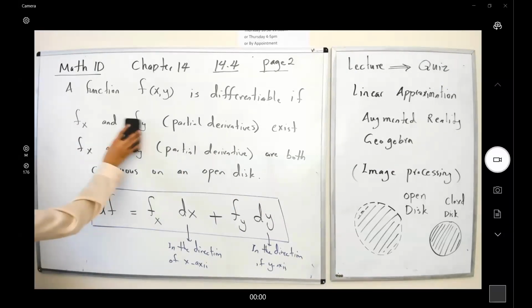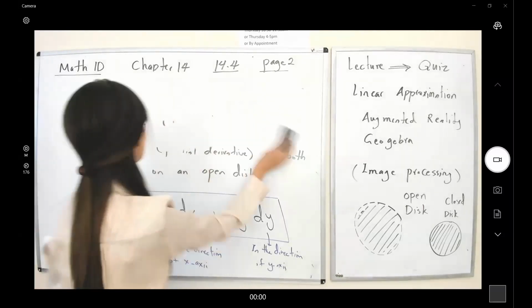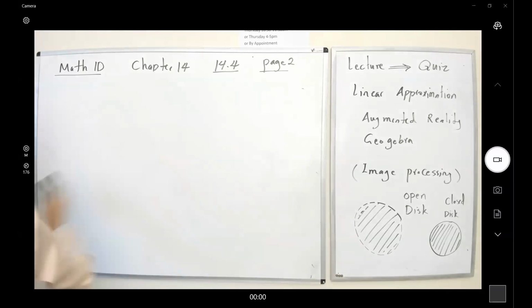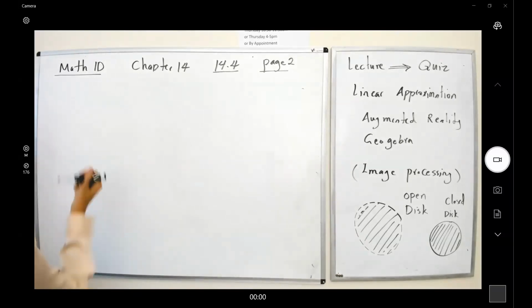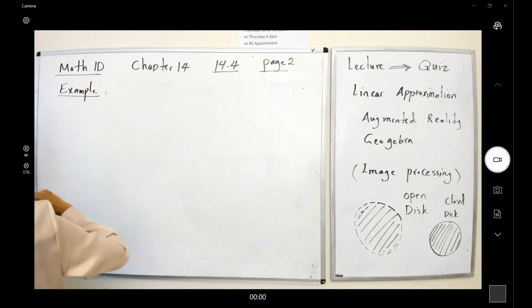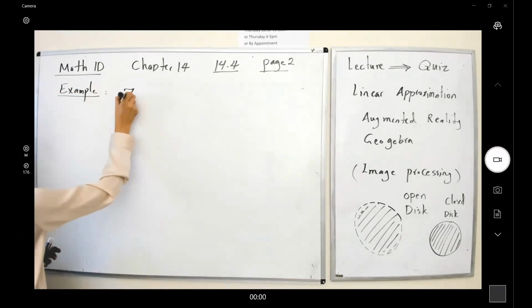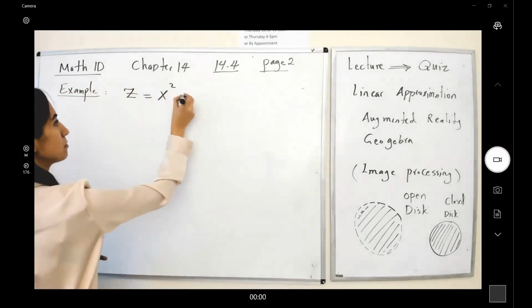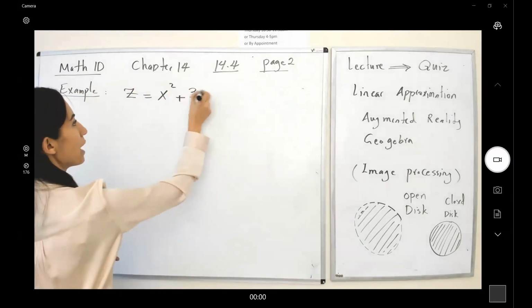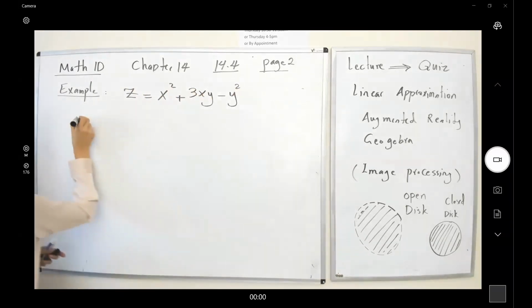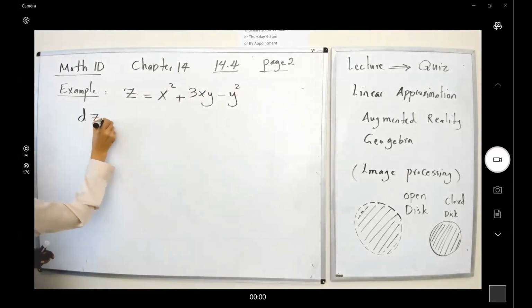For example, the question says, suppose your function is z equals x squared plus 3xy minus y squared. Find dz.